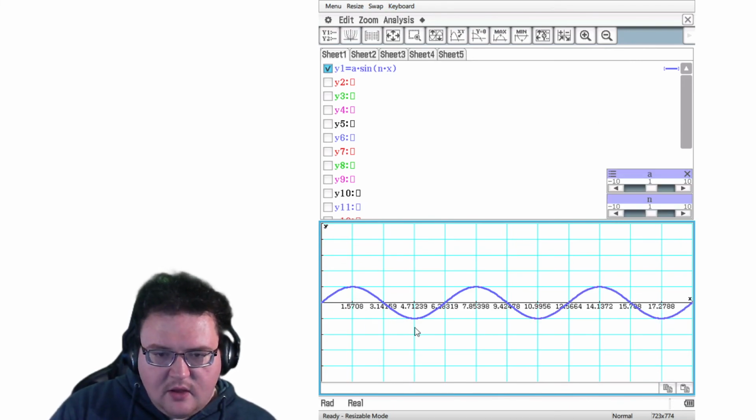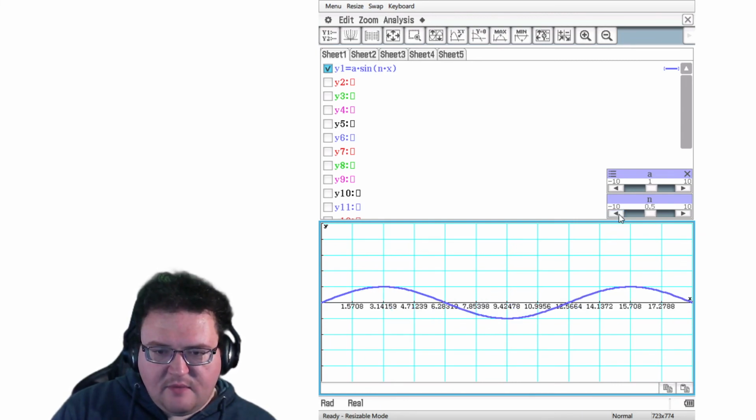So, the whole thing repeats in 2 pi currently. If I make it a half, how long does it take to complete a full circle now? It's going to take 4 pi.